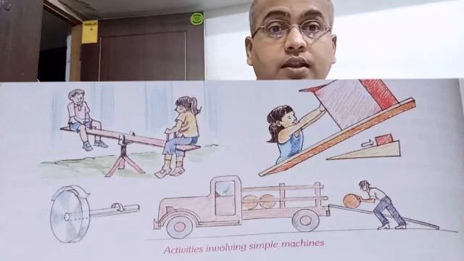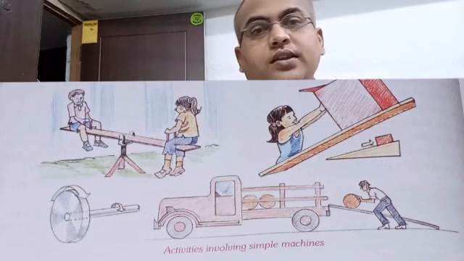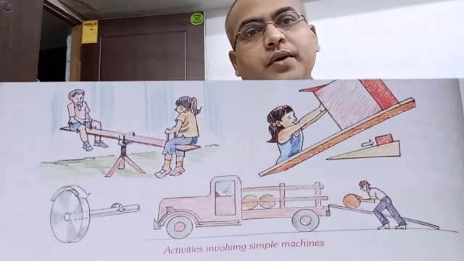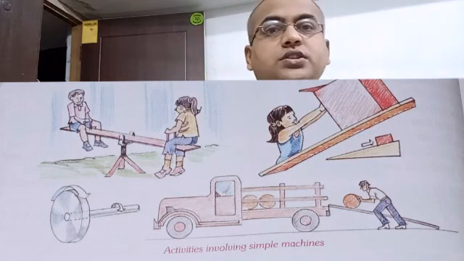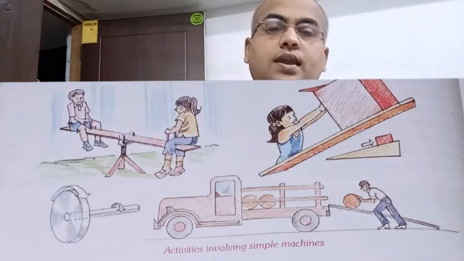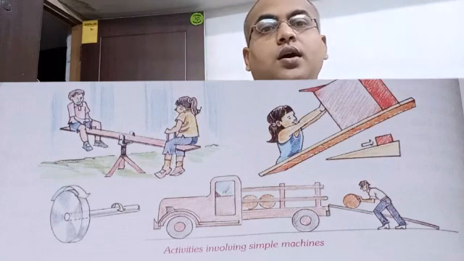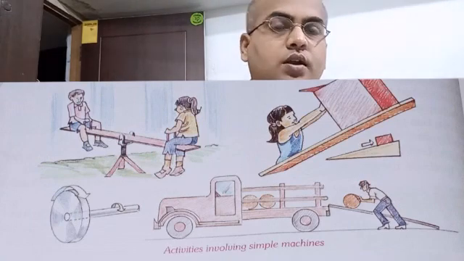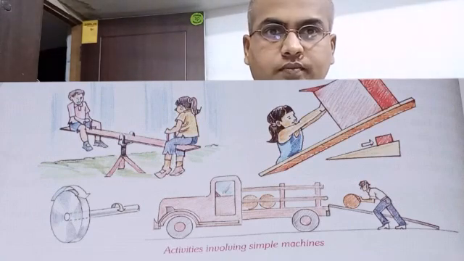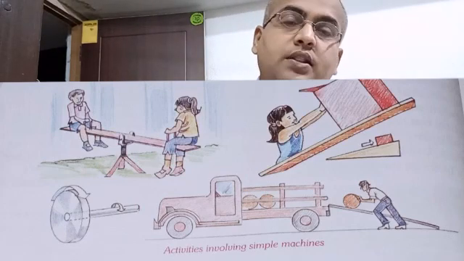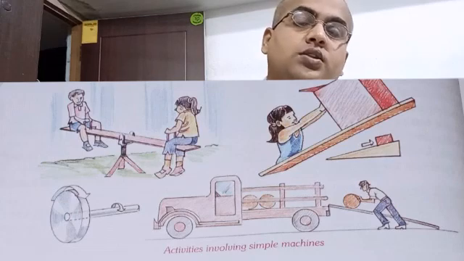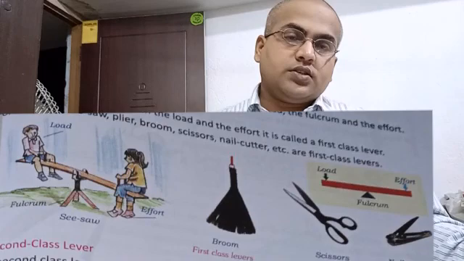So a lever, as I told you, is a simple machine, so it helps us to perform our work in a way in which we can do a heavy work by applying less force. You have seen several people on the roads performing several types of works.